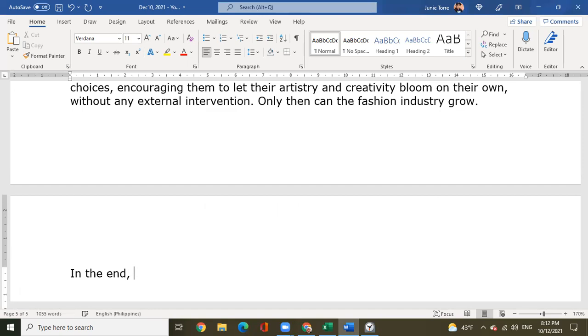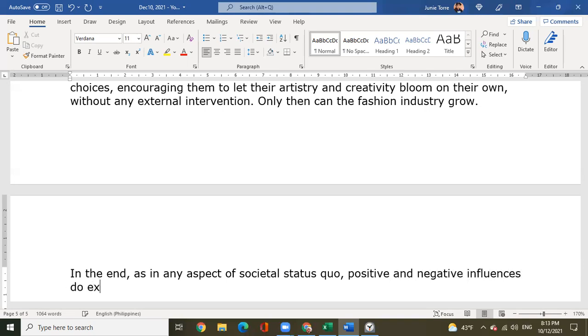In the end, as in any aspect of societal status quo, positive and negative influences exist.